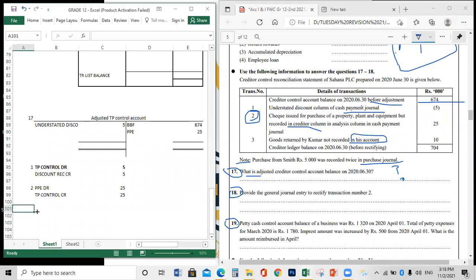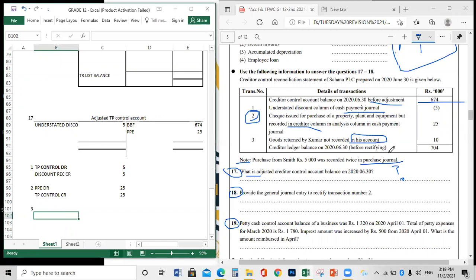So how to correct this mistake? Anyone who can tell me how to correct this mistake? What should you do? You have recorded twice. So that means you would have gone and recorded trade payable credit, purchase debit. You should cancel one. Guys, if you have recorded twice, just cancel one.